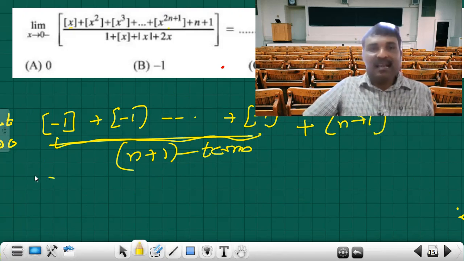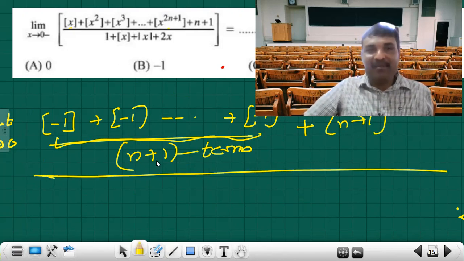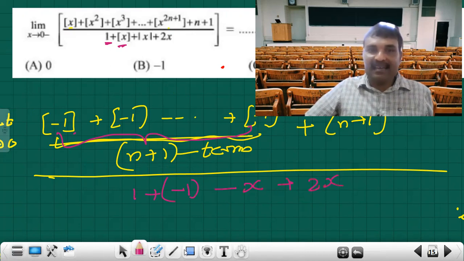In the denominator, this is not divided by n plus 1; it is used only to represent the number of terms. The denominator becomes 1 plus the greatest integer function of x, that is minus 1, and mod x becomes minus x, plus 2x.